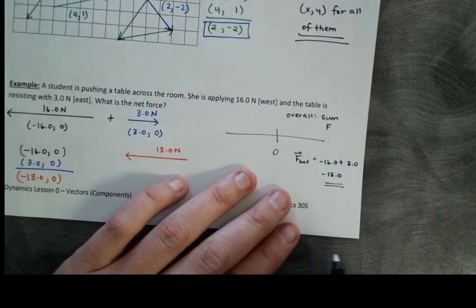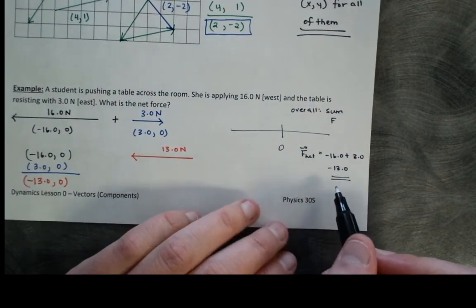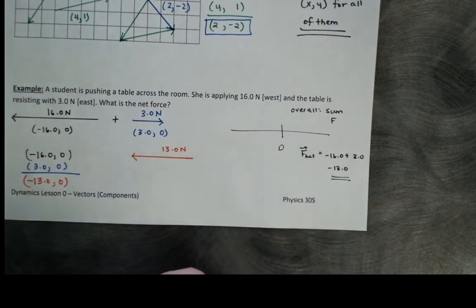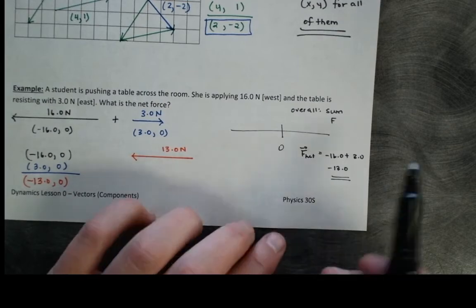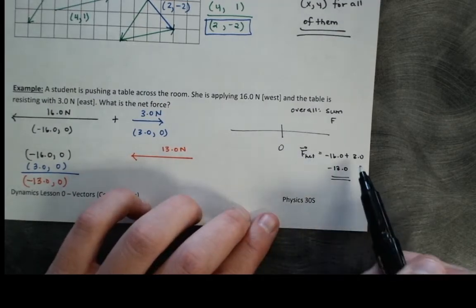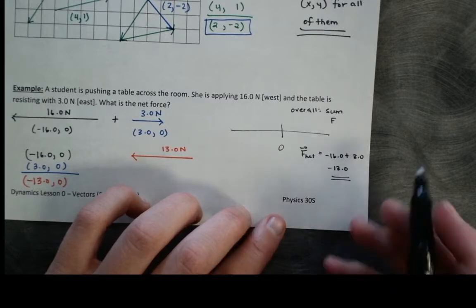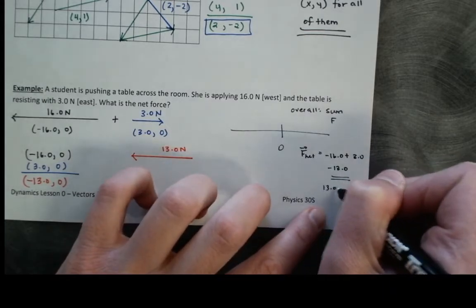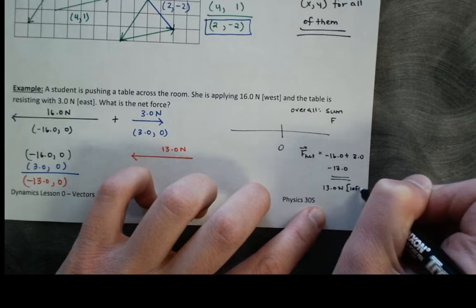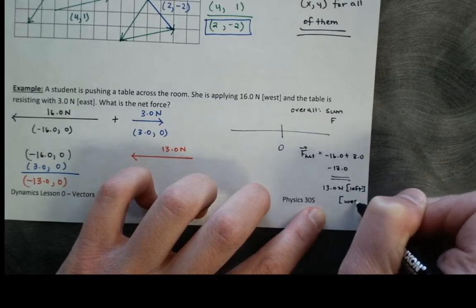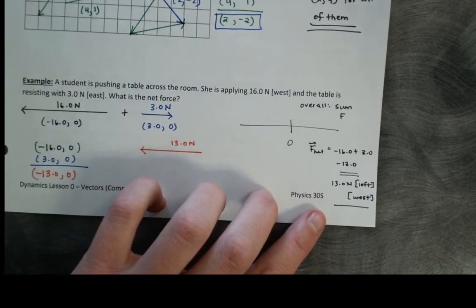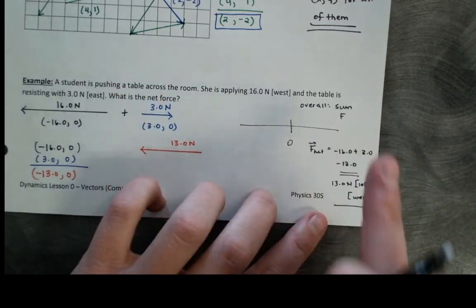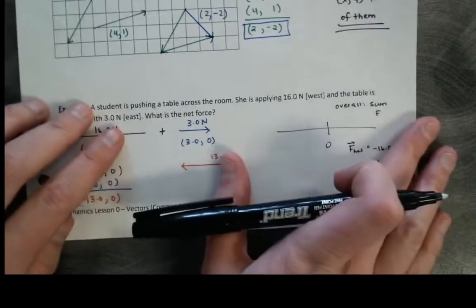We've already done this, but we were finding our net force when we were just going in opposite directions. Okay, we sum all our forces together. Any force to the left is a negative. Any force to the right is a positive. We end up with overall negative 13, or 13 to the left, or 13 west. Okay? So we've already been doing this. It's just our vectors were going along the same plane. They were just along the same dimension. But that's not going to happen all the time now.